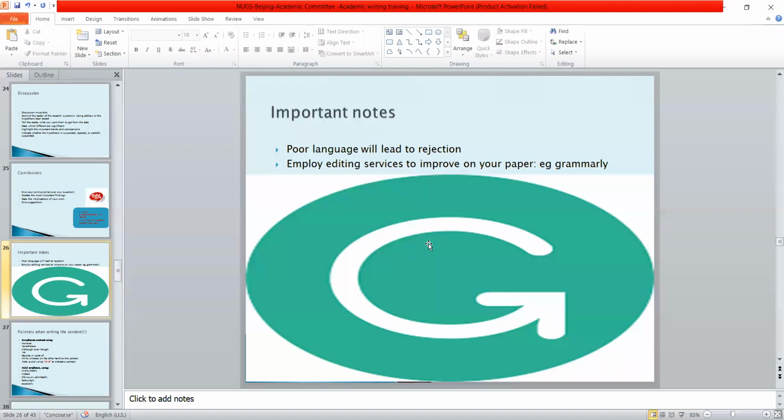If the need arises, some of the journals also employ what we call editing services. They'll ask you to bring your work for editing, then you pay a fee. Or you use this all-important app. You subscribe. For instance, I subscribe for one year and every year I renew.